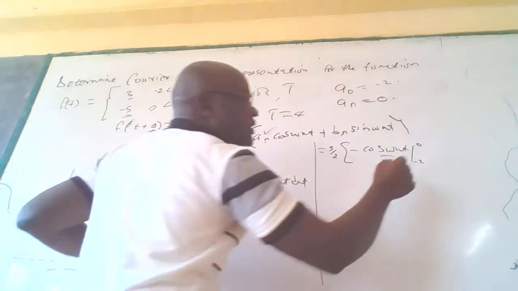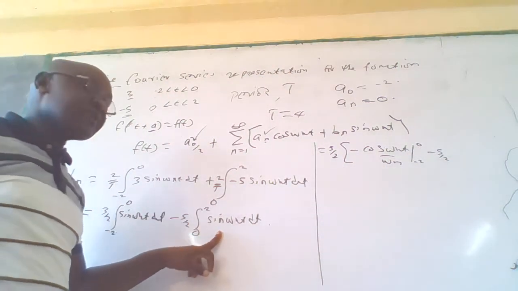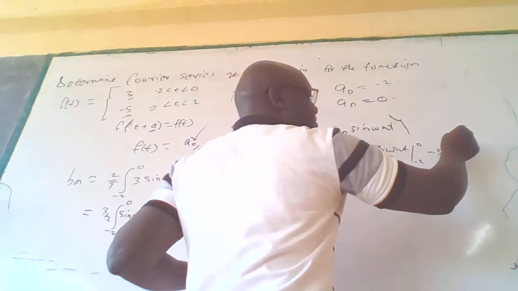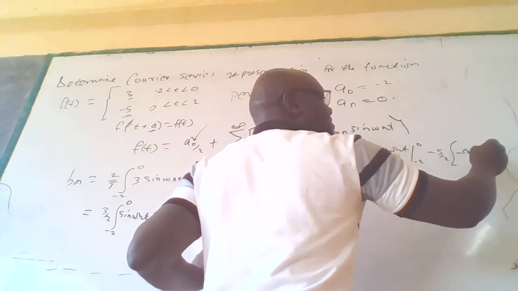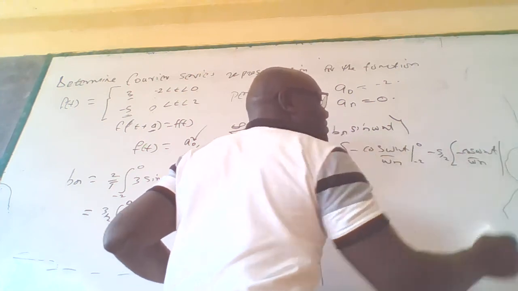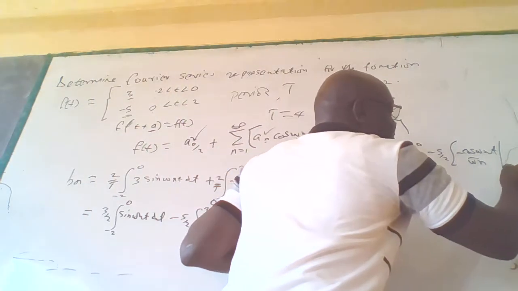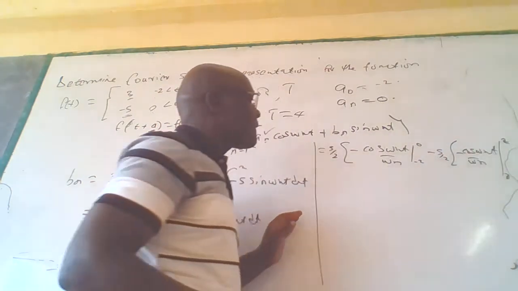Then of course minus 5 over 2, and when we integrate sine omega n t, we get minus cos omega n t over omega n, integrating from 0 to 2.